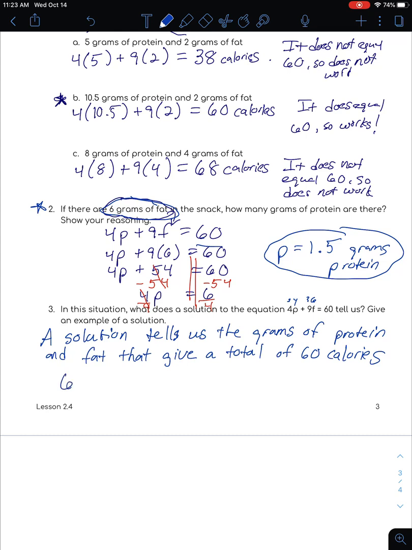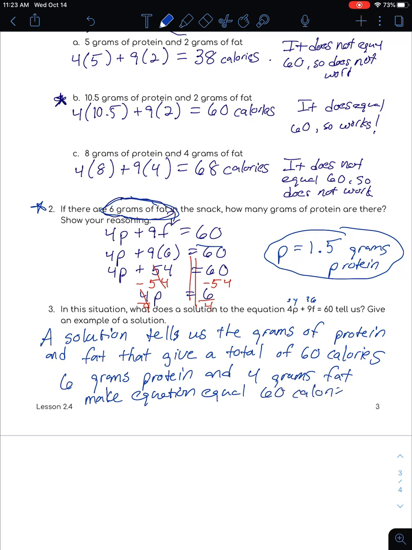So 6 grams of protein and 4 grams of fat make the equation equal 60 calories. In other words, 4 times 6 plus 9 times 4 equals 60.